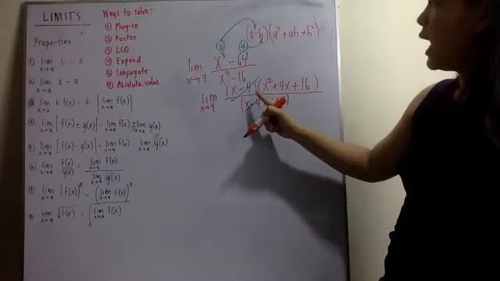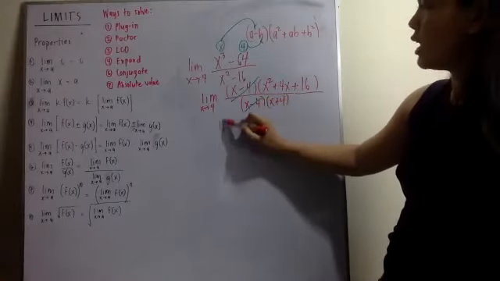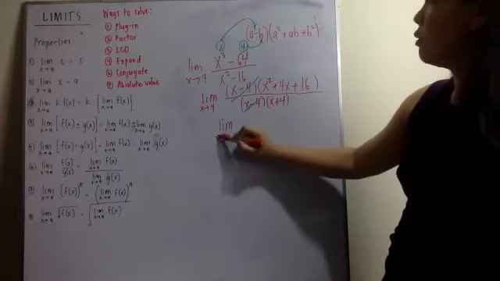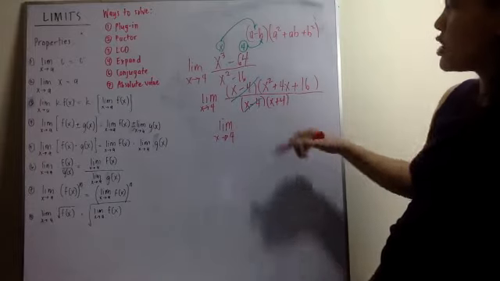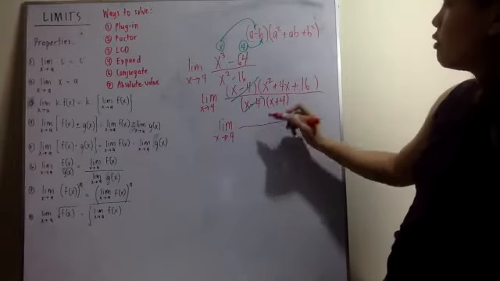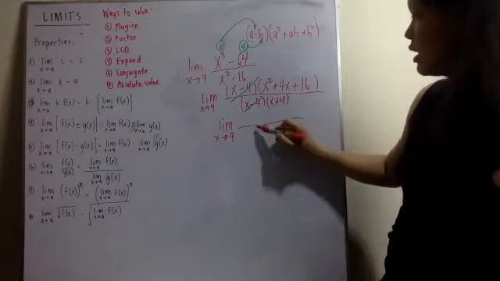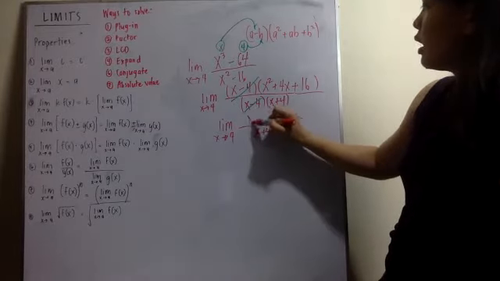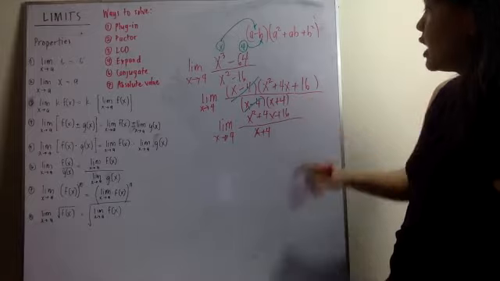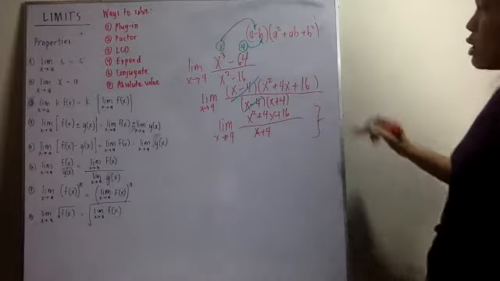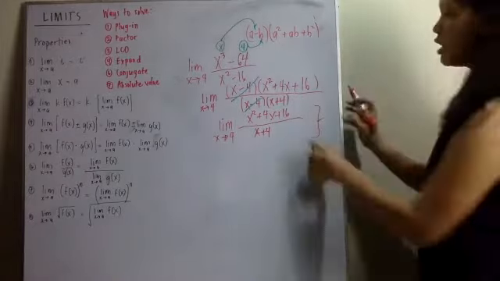Okay? And pwede na natin i-plug in. Kasi nag-factor na tayo. And as makita nyo, hindi na mag-zero yung baba natin. Okay? x plus 4, x squared plus 4x. Okay, so yung mga ganitong part ng solution, pwede nyo nang skip during college entrance test.